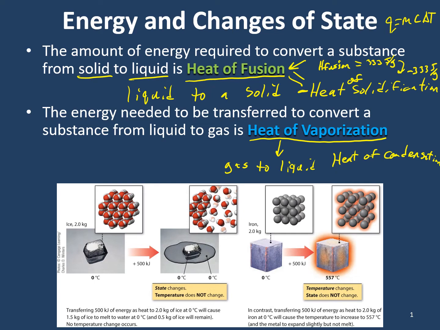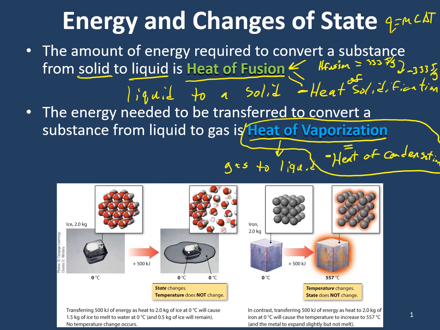And it, again, is going to have equal but opposite sign as delta H vaporization. And so this relationship, negative of each other, you should know that. So if I give you the heat of vaporization, you should be able to determine what the heat of condensation is because it's just the same value, just negative. The same thing is true of heat of fusion versus heat of solidification.